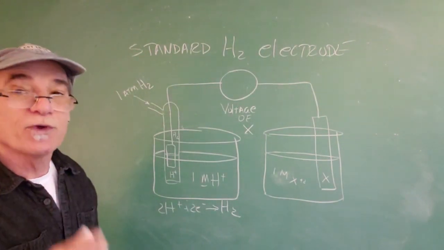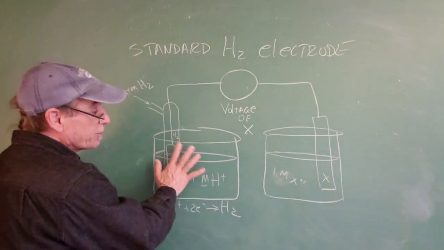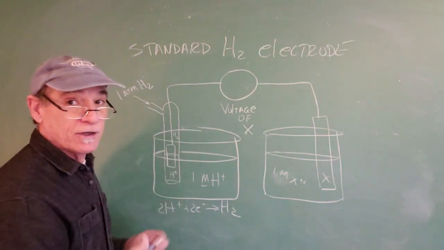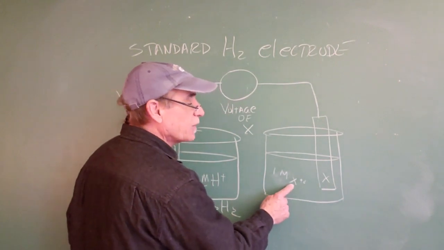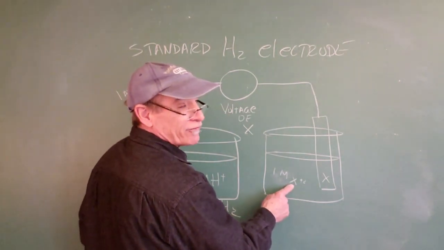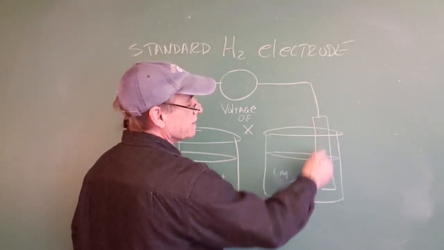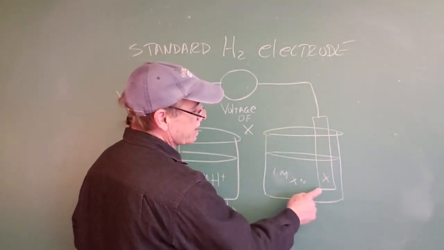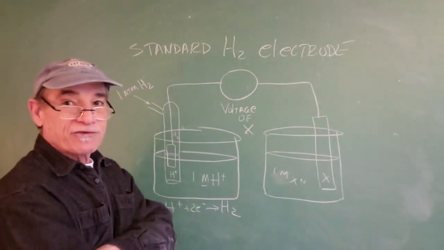All right, so if we wanted to measure the voltage of another half cell compared to the hydrogen one, all we'd have to do is take a solution of that metal ion, whether it's zinc or cadmium, whatever it is, make a 1 molar solution of it, put a strip of metal in there made out of exactly the same stuff, and connect this to our hydrogen half cell.